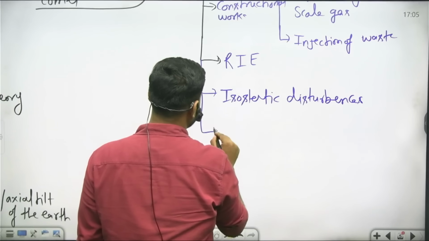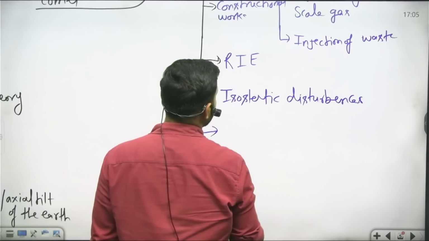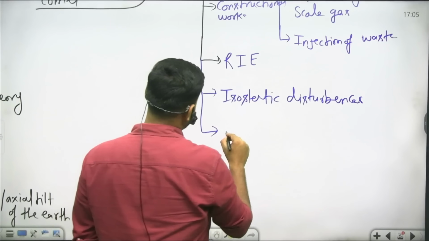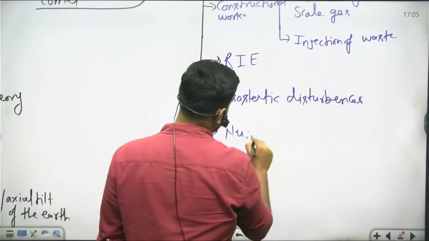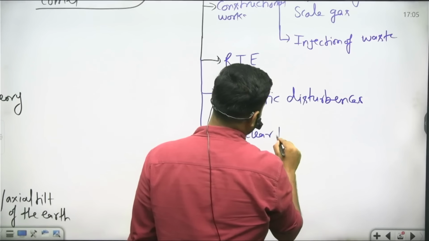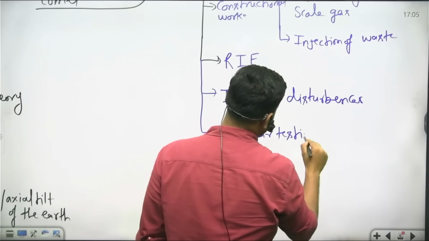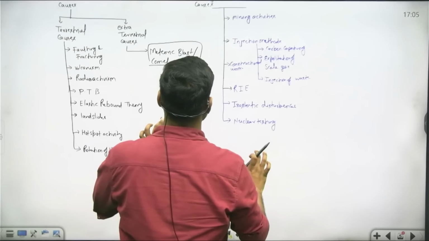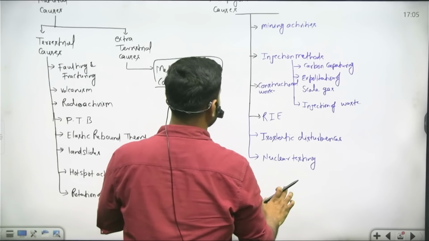And then, you can say that the constructional work and the nuclear testing. So these are the causes which are responsible for the earthquake. These are the main causes.